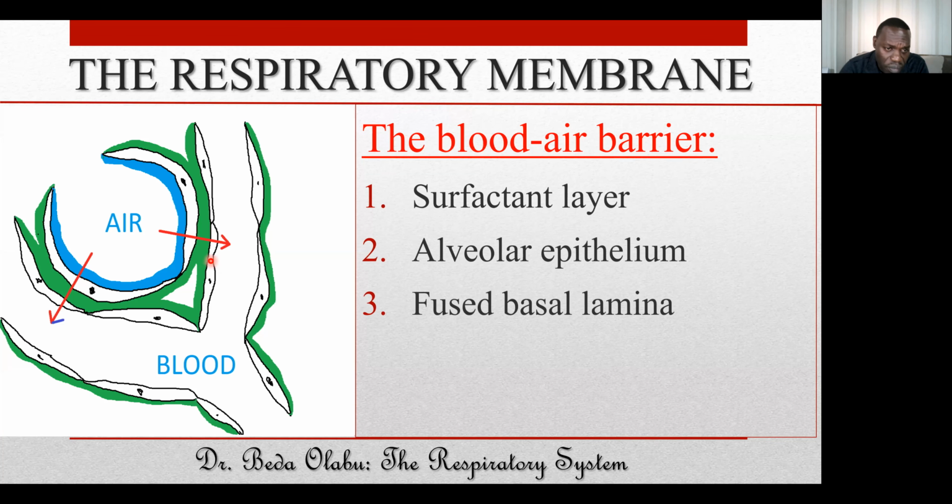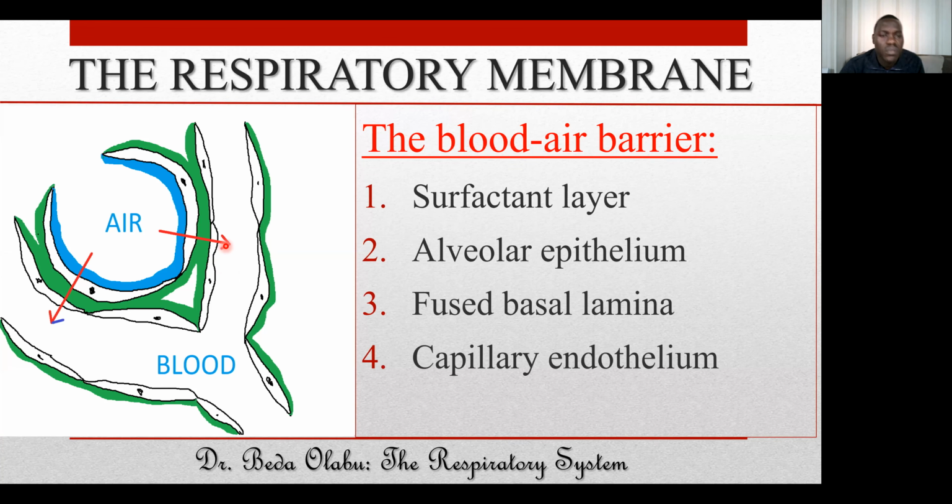After that, look, the basal lamina of the alveolar epithelium and the basal lamina of the capillary endothelium are fused. So oxygen will diffuse through the fused basal lamina. After that, oxygen diffuses through the capillary endothelium.